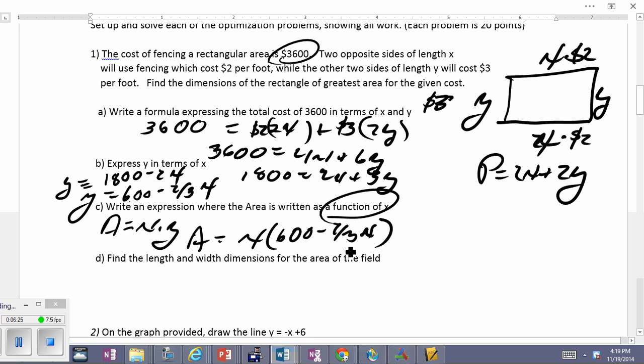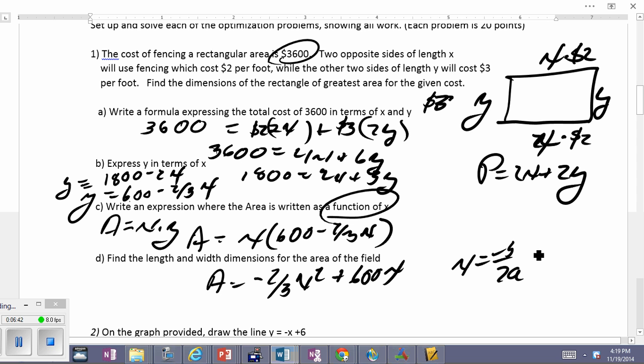In order to optimize that, we look at that as quadratic. So we'll say area is negative 2/3 x squared plus 600x. We want to optimize that. That can easily be optimized: x equals negative b over 2a. Which is negative 600 over negative 2 times 2/3, which is 4/3.